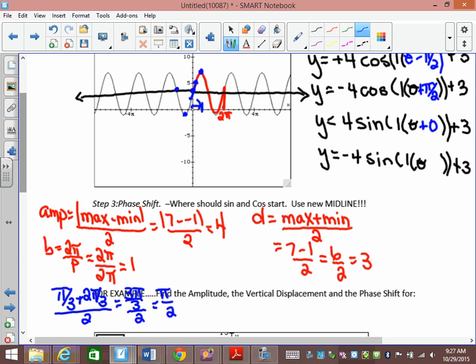So it's 3 ticks this way, or 3 ticks this way, right? Each tick is pi over 3, so pi over 3, 2 pi over 3, 3 pi over 3 is pi. So they're either moving pi to the right or pi to the left.